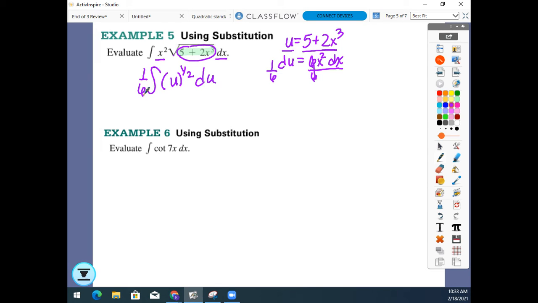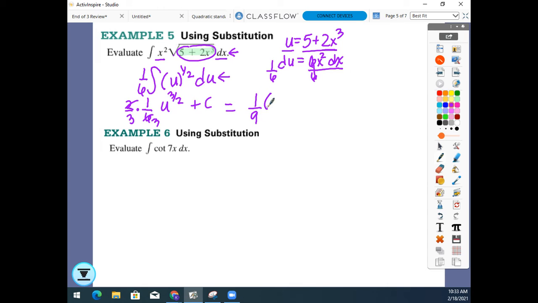So what we do is take a complicated problem and turn it into a simpler problem. Now take your antiderivative, bring down the 1/6, add 1 to get 3/2, divide by 3/2, which is multiply by 2/3, plus c. Now, I would reduce this. 2 can go into 6 3 times, so this is really 1/9.